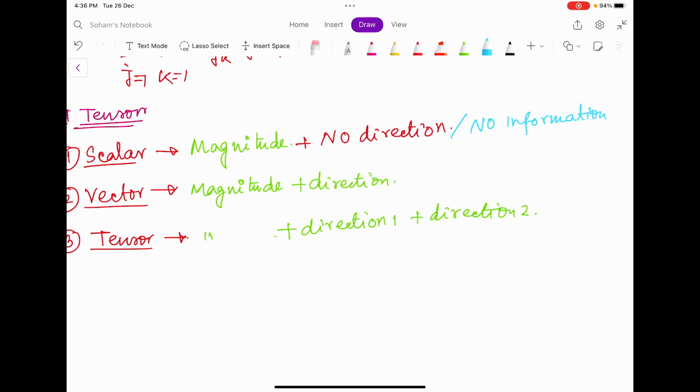And vector has magnitude plus direction, plus no further direction, so it has only one direction, or no further information.